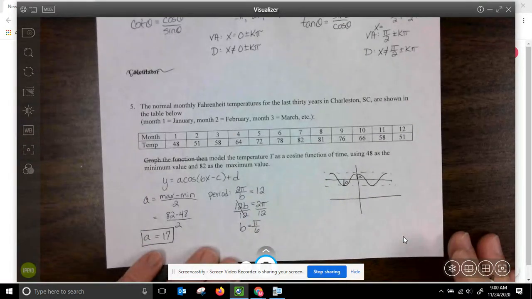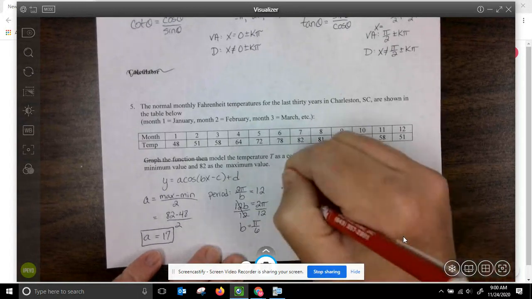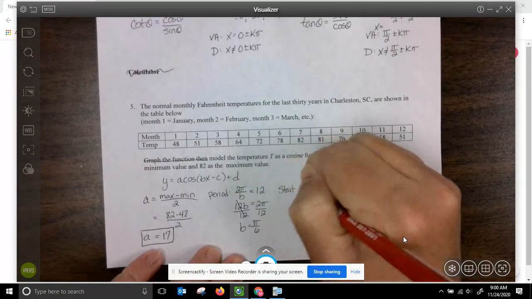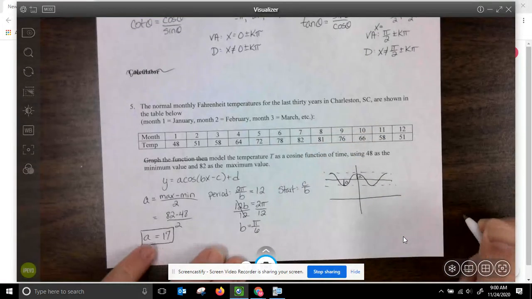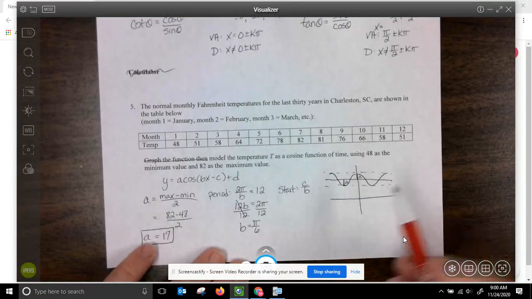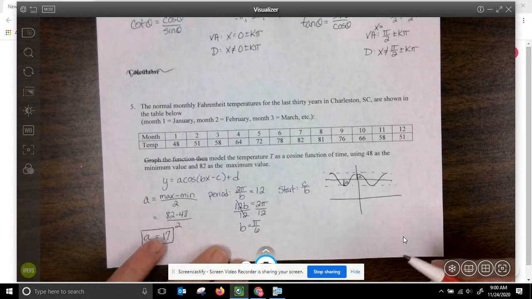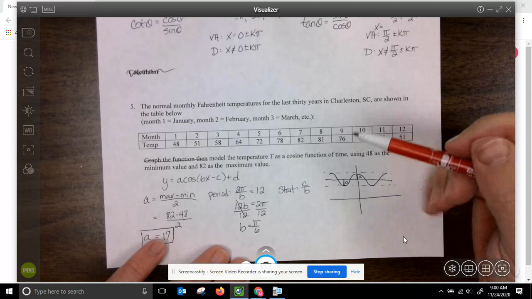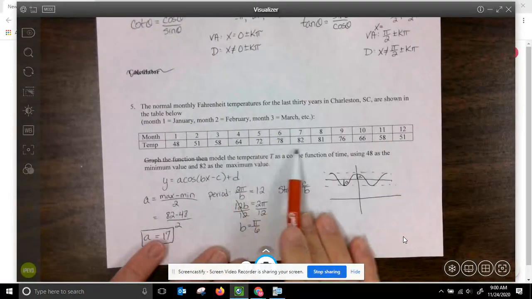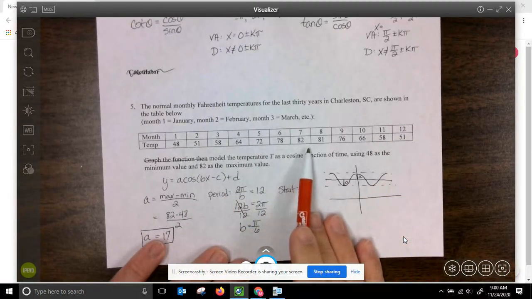All right, now next, our horizontal shift, or our start, is c over b. Since we're dealing with cosine, that typically starts at the maximum. So really we want to look at what month my maximum occurs.